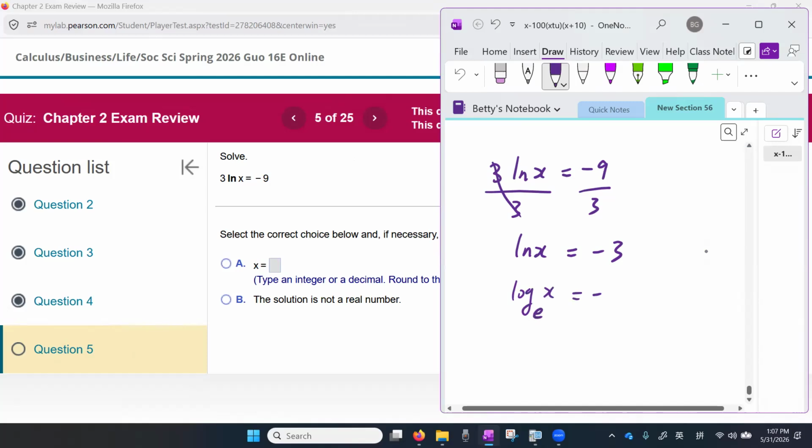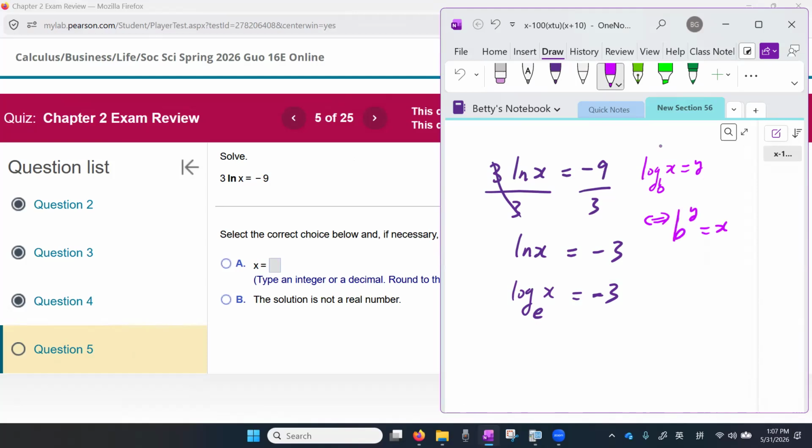Okay, so how do we convert this equation, which is in the logarithmic form right now, to its equivalent exponential form? You remember the formula? I hope you do. Log with base b of x equals y is equivalent to b to the power y equals x.